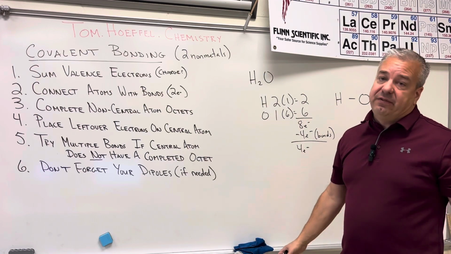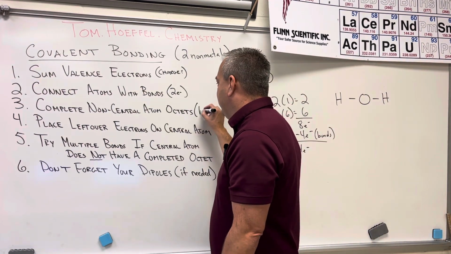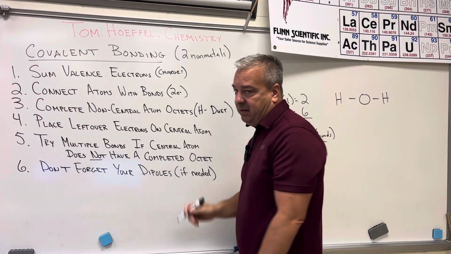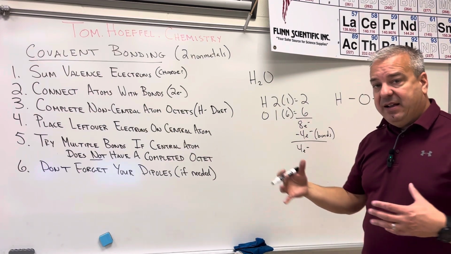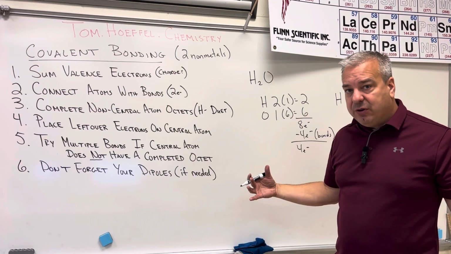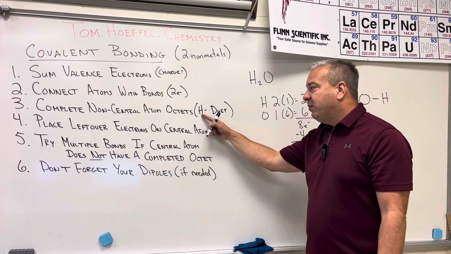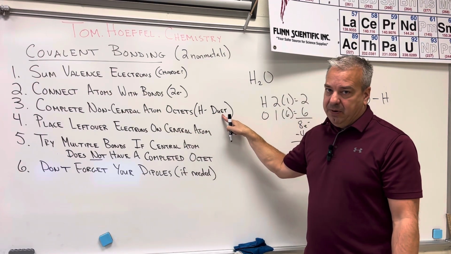Well, there's something that's very special about hydrogen. Hydrogen only needs a duet to fill its shell because the hydrogen only has an s orbital, and to complete its shell, that first ring, it only needs 2 electrons. So hydrogen really doesn't do the octet rule, it does the duet rule.